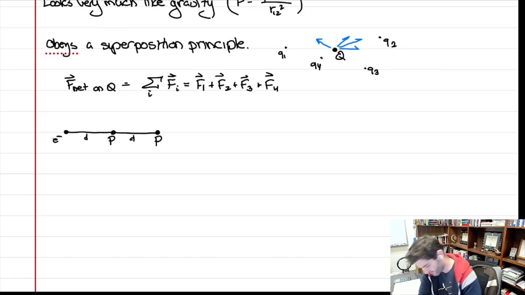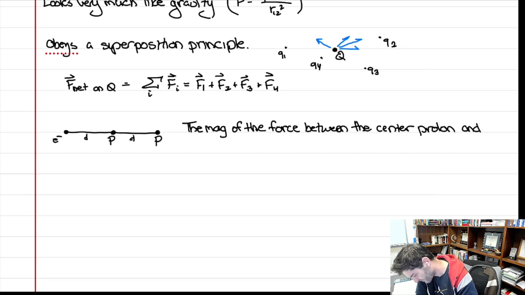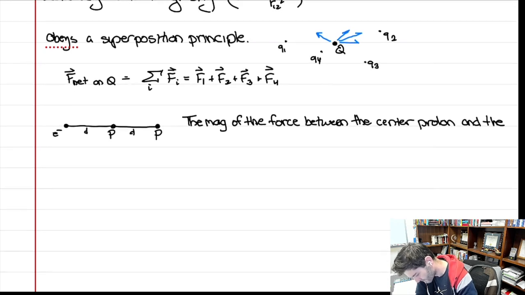And I might say the magnitude of the force between the center proton and the electron, suppose I say that it is equal to F.